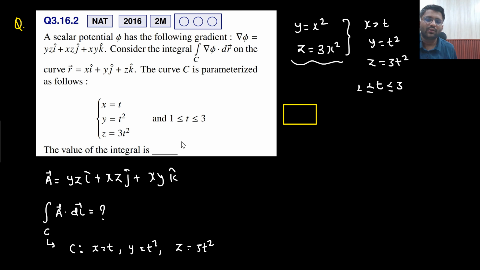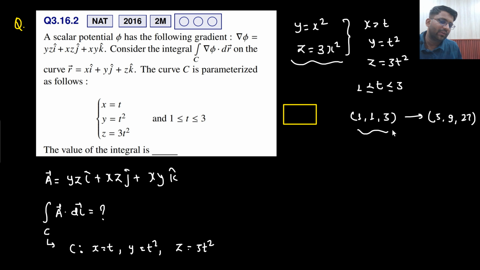So you are actually moving from 1 comma 1 comma 3 to 3 comma 9 comma 27 along the curve.